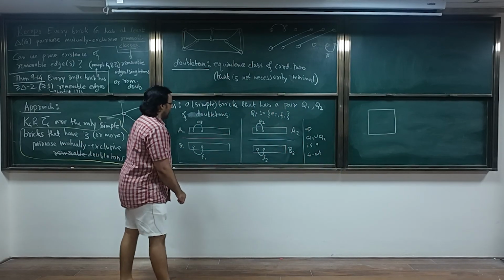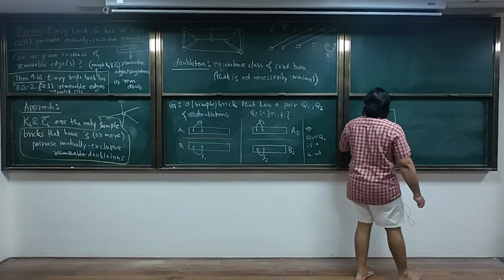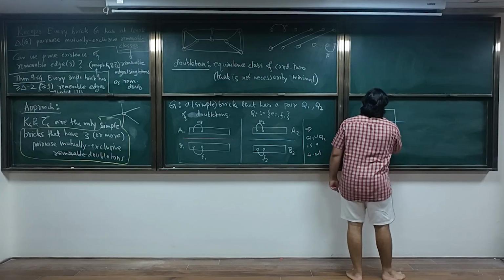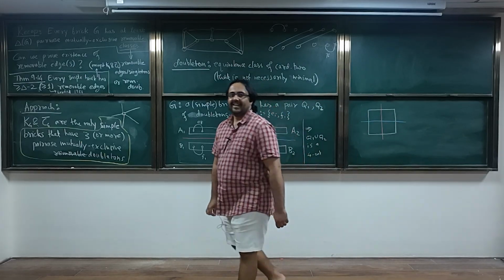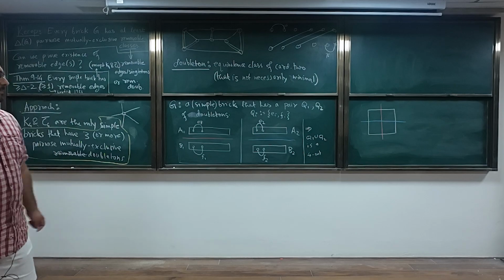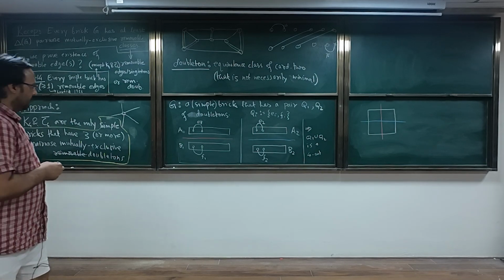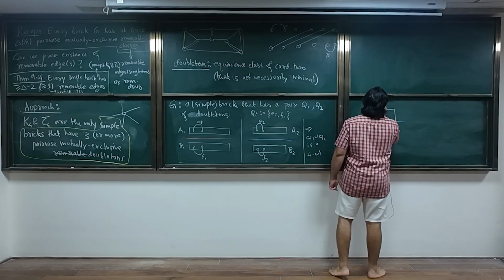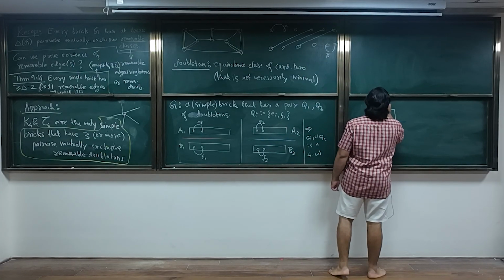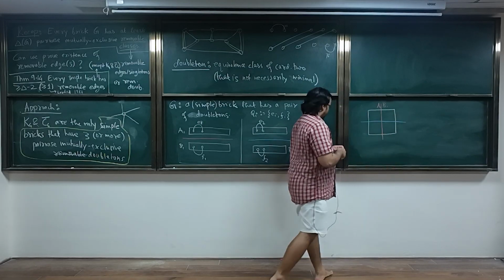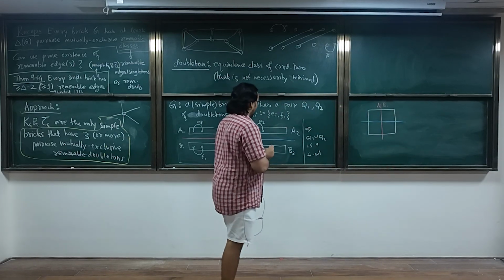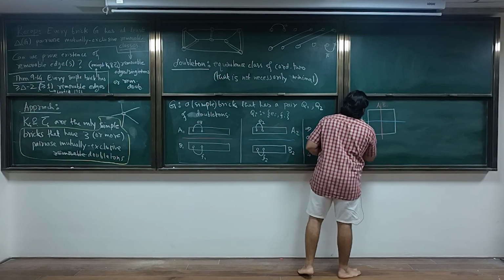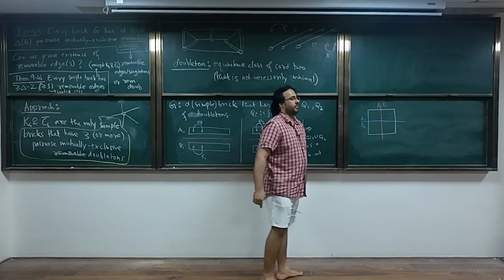Let me make pink horizontal here. These are my two cuts. The two sides of the pink cut are A1 and B1, and the two shores of the blue cut are A2 and B2.